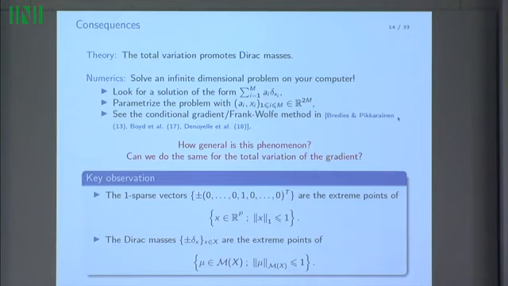And again, in the continuous setting, I have the same thing. I can say that Dirac masses are the extreme points of the TV ball. And again, when I'm solving the continuous basis pursuit, I can say that I have a solution which is a sum of m Dirac masses, so m extreme points of this set.